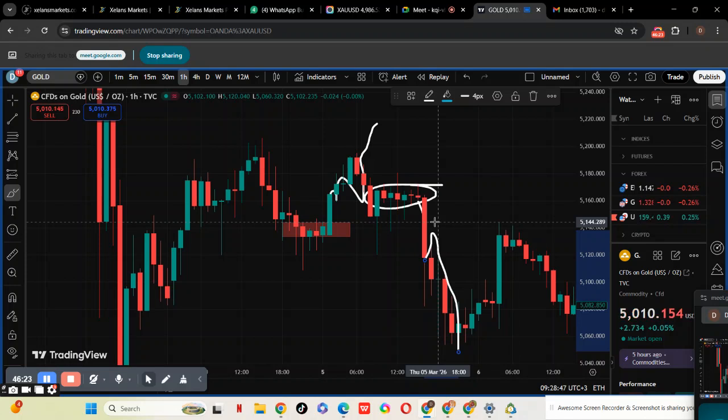Just practice and get a feel. Martin, if you identify a consolidation, wait for a breakout. Once you get a breakout, open your MT5 and execute that trade. Very simple.